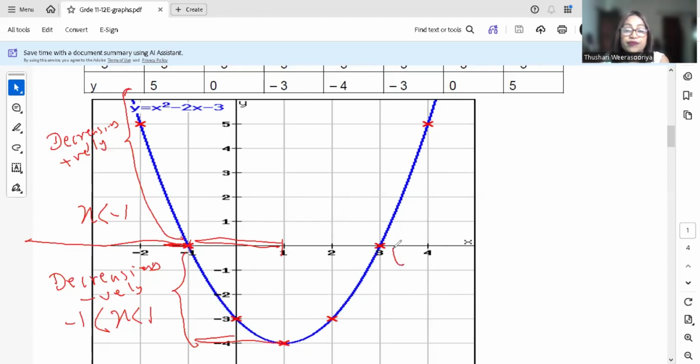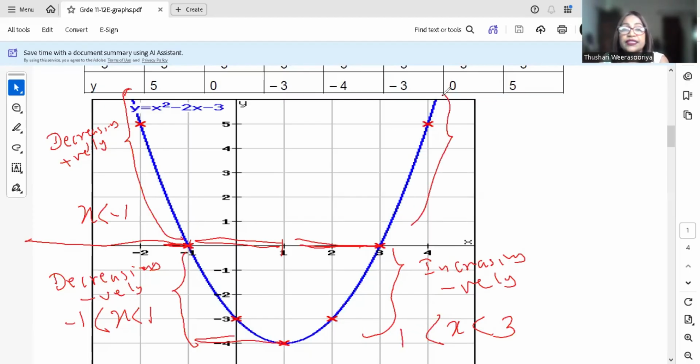It goes like this. Then this is increasing negatively. What's the range? This is the range. Then you can write X is less than 3 and greater than 1.